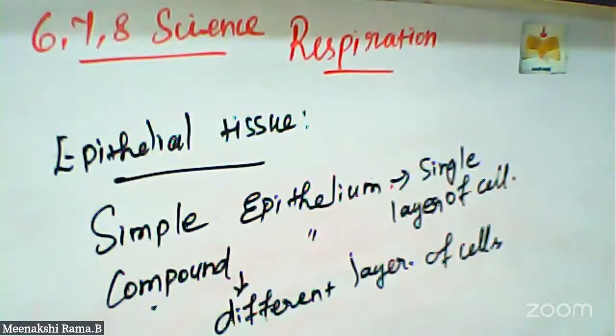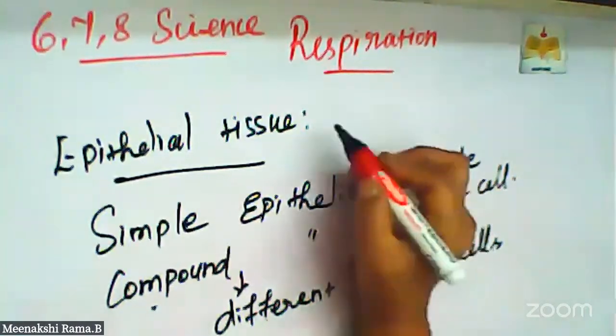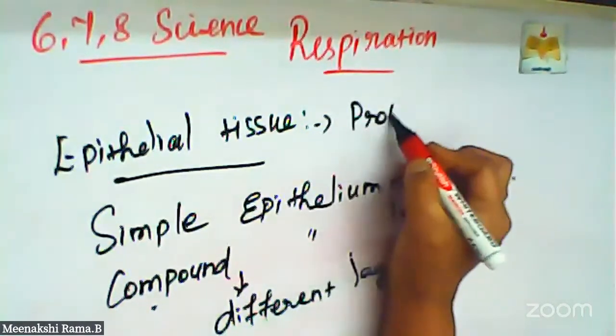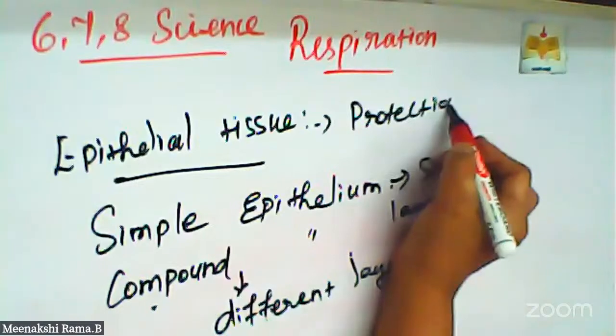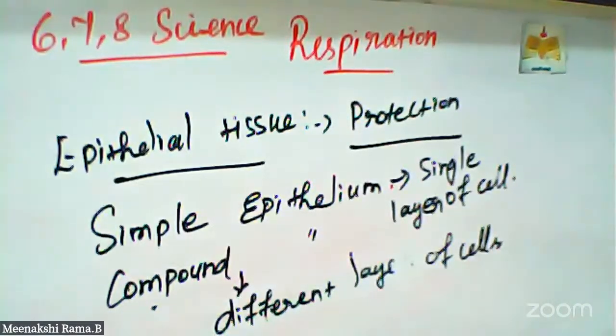So what is the function of the epithelial tissues? The skin forms the outer covering of the body. What is the function of epithelial tissue? Protection of our body. The skin is the most important protection part in our body.